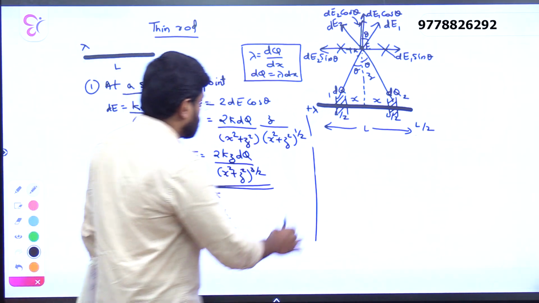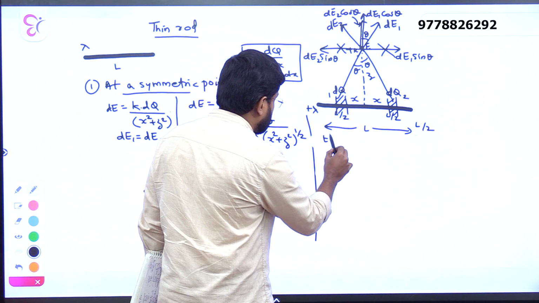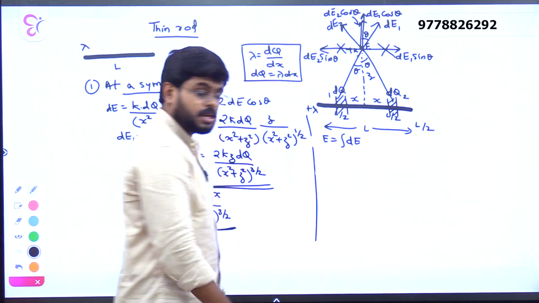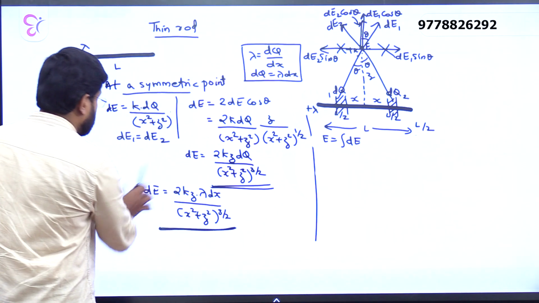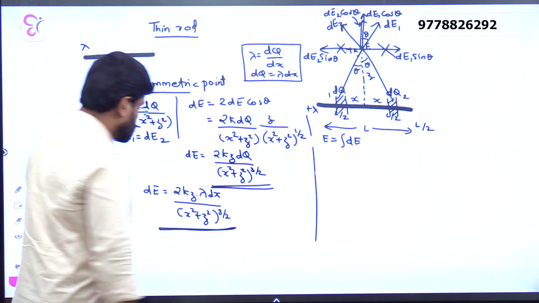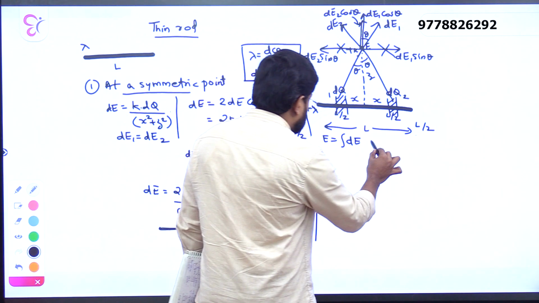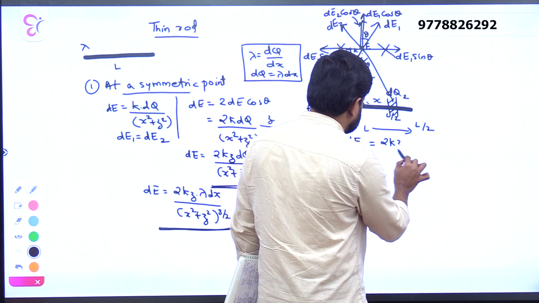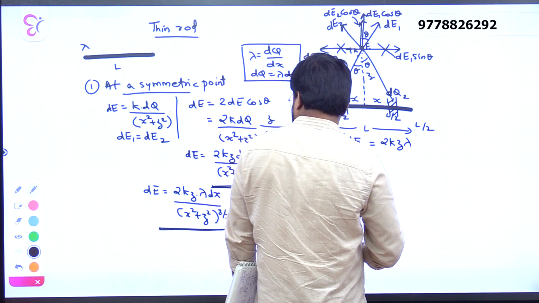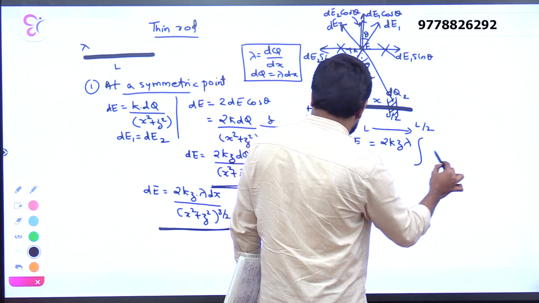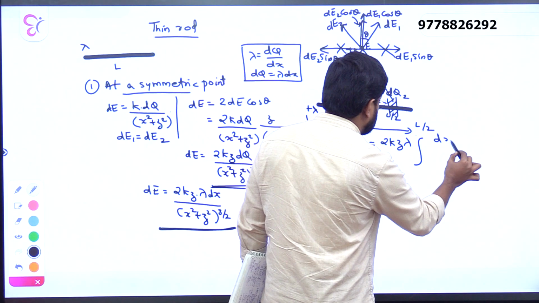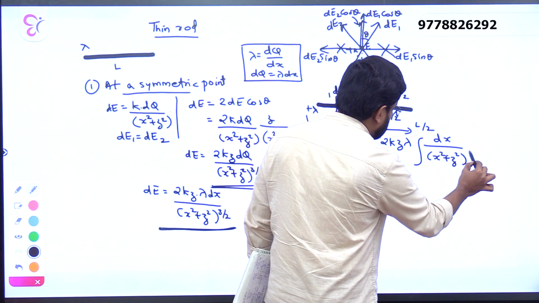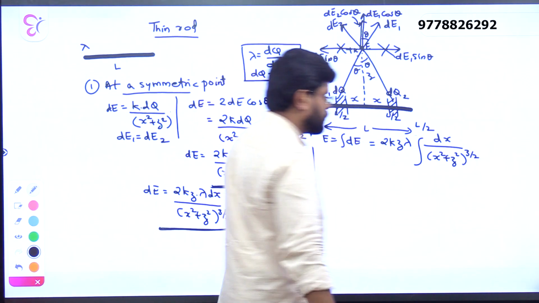Correct? So in order to find the value of electric field, I have to just integrate this small value dE. Isn't it? So take out the constants: 2kz lambda. All these are constants. Then integral dx divided by x square plus z square whole power 3 by 2.